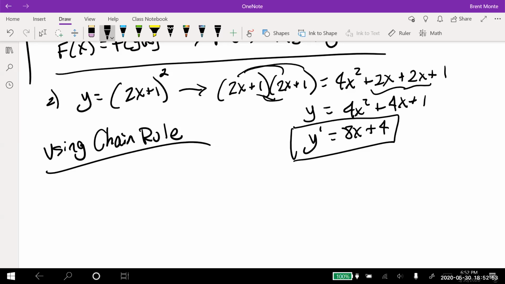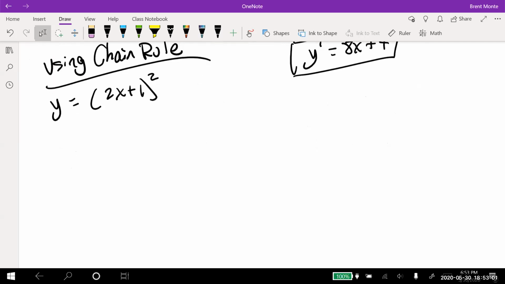So using the chain rule, my original function is y equals (2x plus 1) squared. Remember what I do. The outside function would be something squared. When I take the derivative, I bring this 2 down like I typically do, but it's 2 times that 2x plus 1.